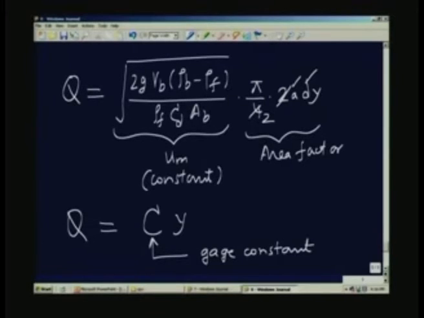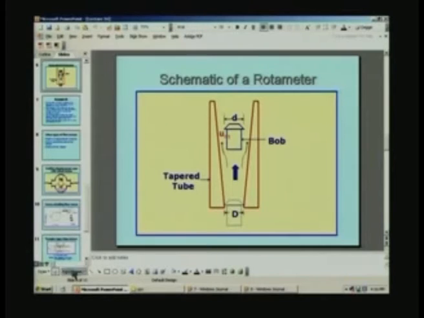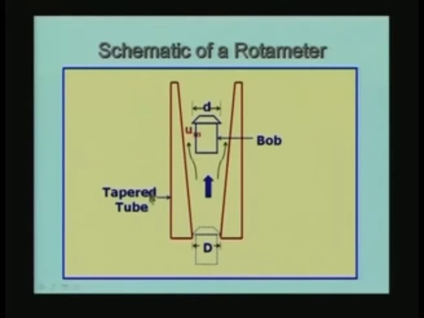Actually, what is done in practice, if we go back to the sketch here, along this tube a scale will be marked, which will give you the position of the bob. You can read off the position of the bob by looking at, for example, this edge here and finding out where it is.